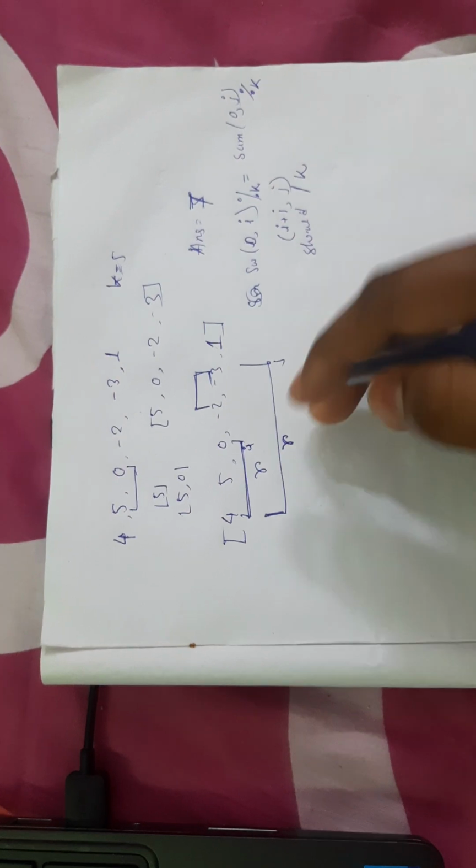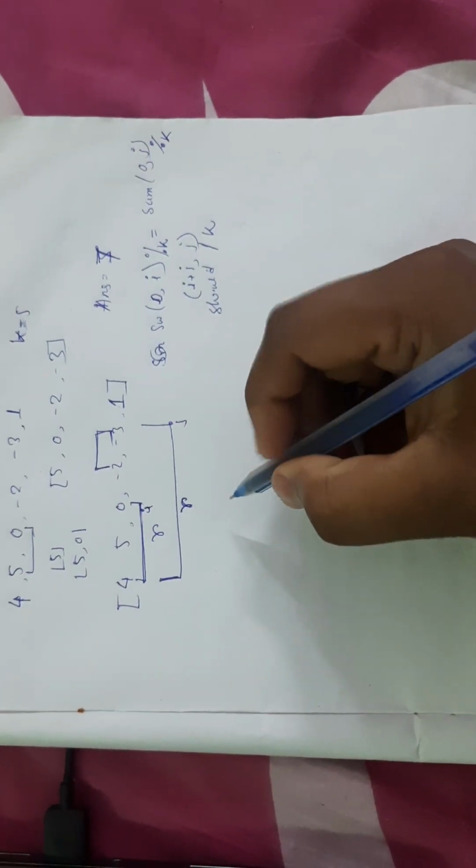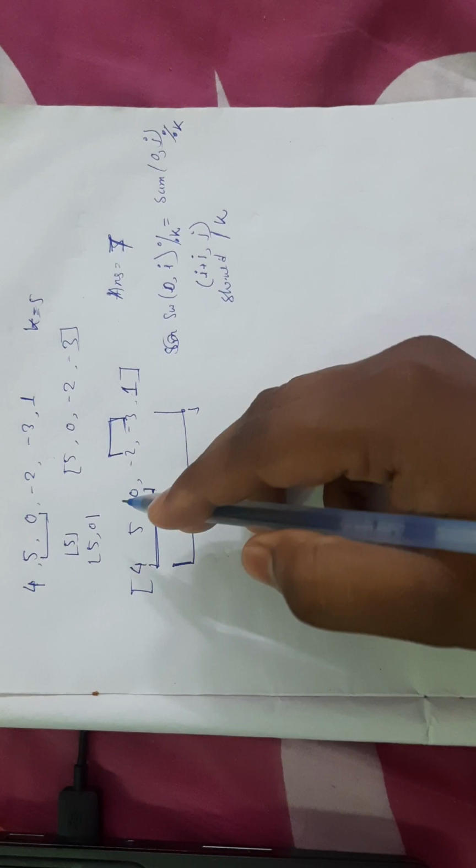Using this concept we can calculate the number of subarrays which are divisible by k.